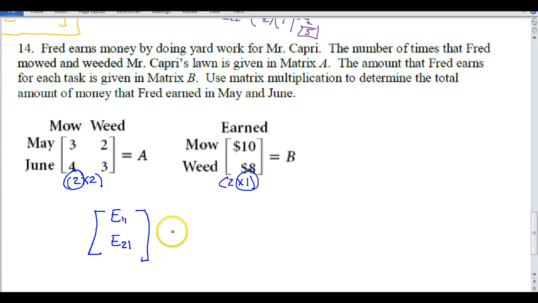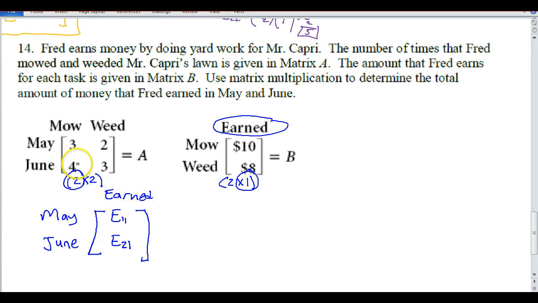So let's do these calculations off to the side. Okay, and this is going to give me the amount in May and June. That is going to come from this. And from the second matrix, we're going to get this column. We're going to get how much earned.